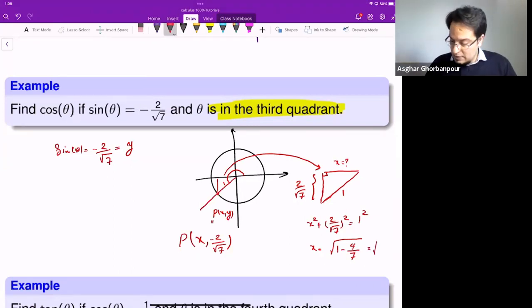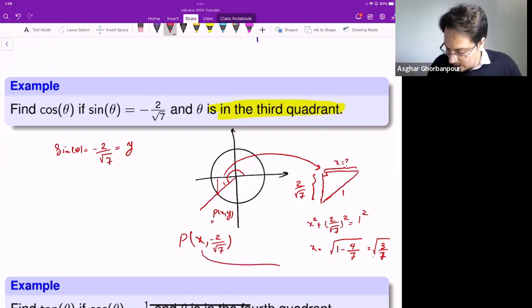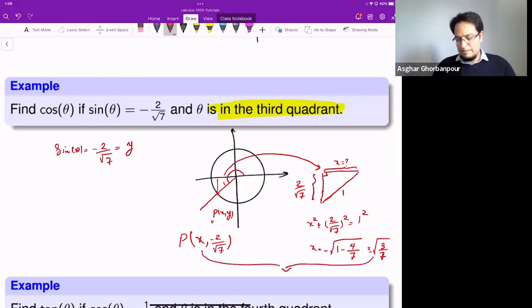That will give me 3 over 7. But if I use the Pythagorean theorem, it will give the length, which is positive. Since x is negative here, this must be negative.